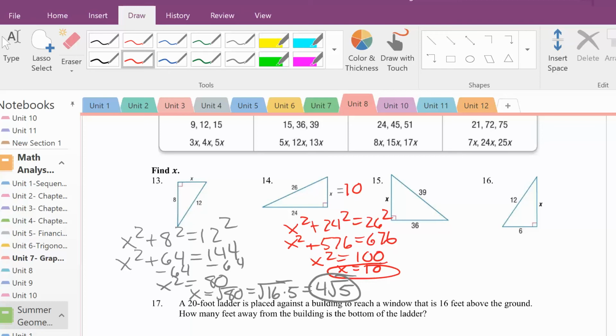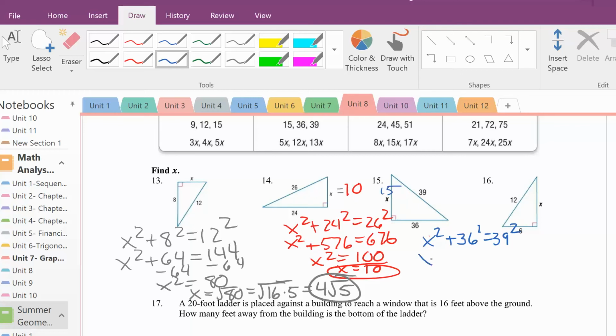Number 15, so now you have x squared plus 36 squared equals 39 squared. And this could be a 5, 12, 13, because notice 12 times 3 is 36, 13 times 3 is 39, so 5 times 3 would be 15.